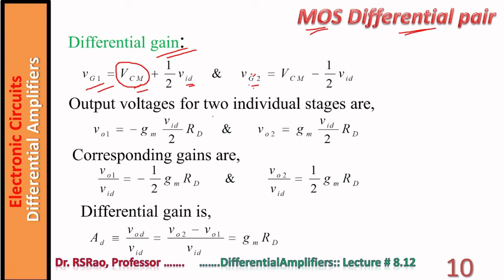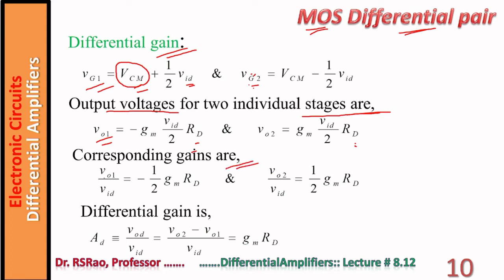Output voltages for the two individual stages are, notice these output voltages pertain to AC or signal, V01 is minus gm Vid by 2 into RD. Similarly, V02 is gm Vid by 2 RD.